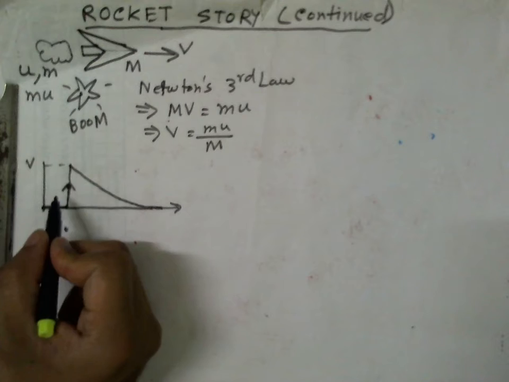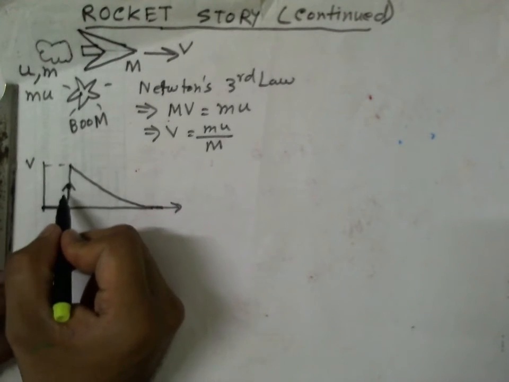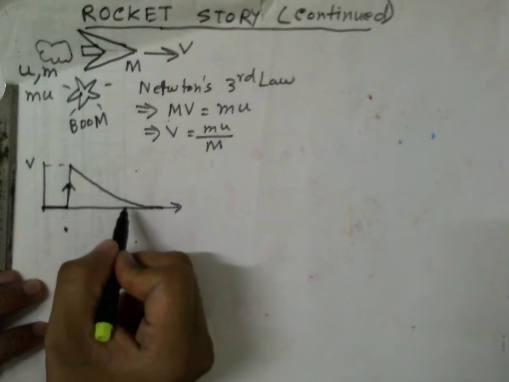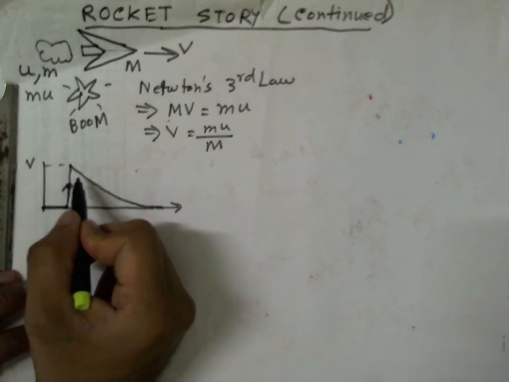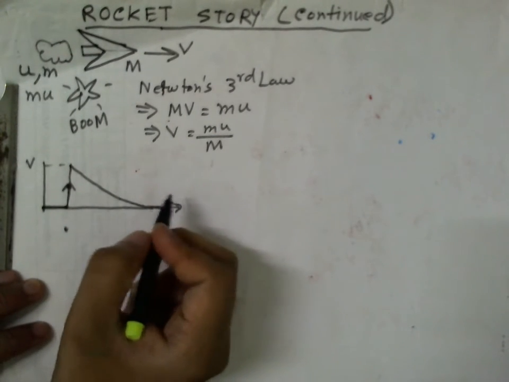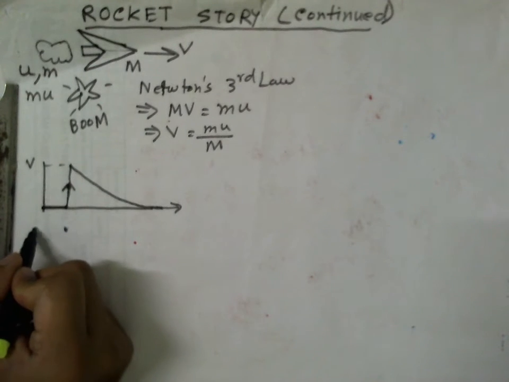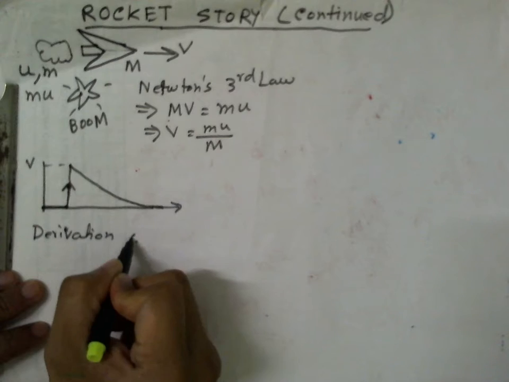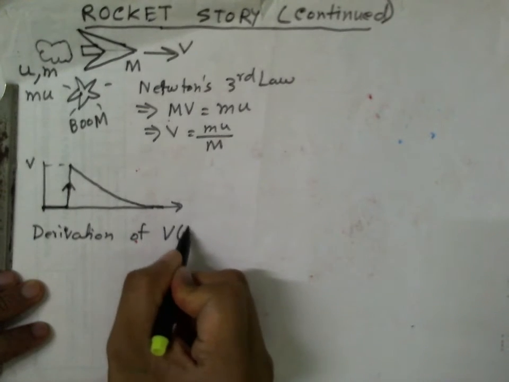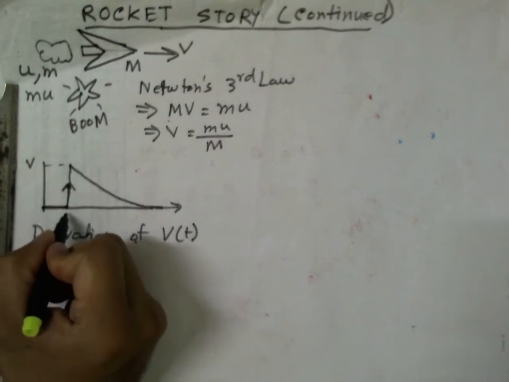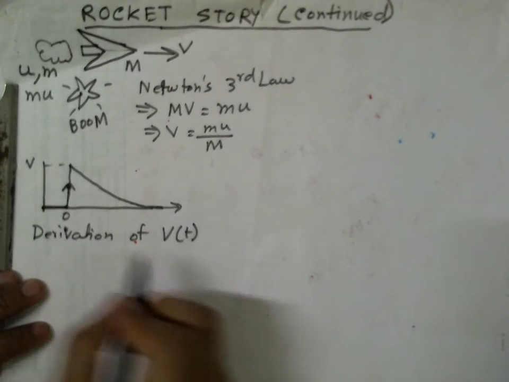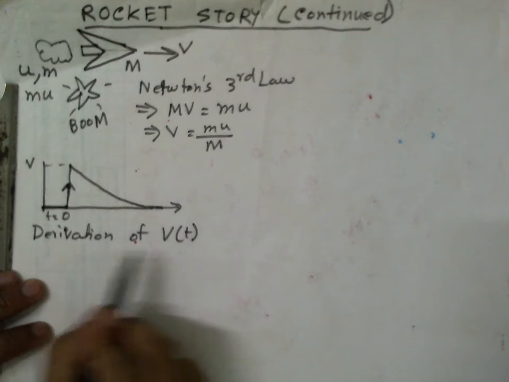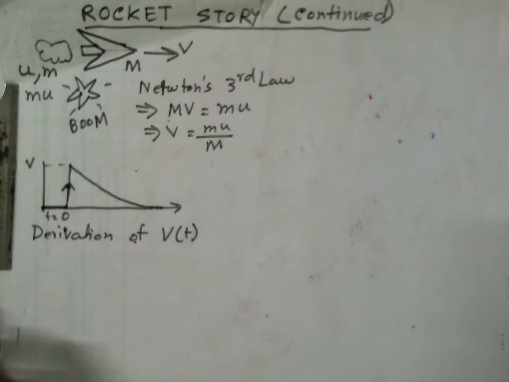Let us derive mathematically how this pattern should look. So let us do the derivation of v as a function of t. If we call this t equal to 0, how does the velocity change as a function of time?